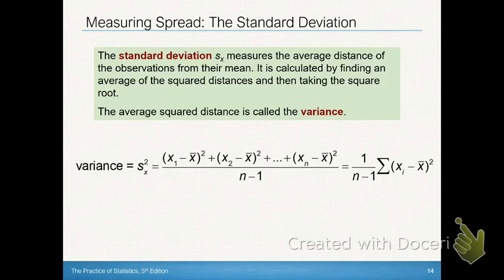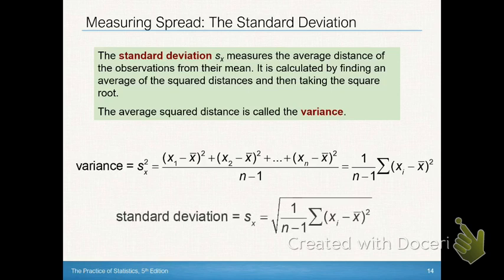Because this is a sample rather than a population, we want to account for a little bit of error, so we divide by n minus 1. Then you'll see we can use the x sub i again, like we did with the mean, to put things together, and use the sigma to notate that. If we take the square root of that, that gives us the standard deviation.